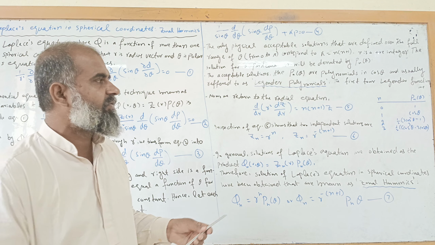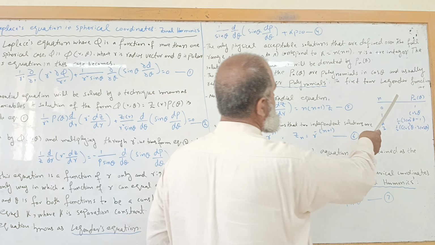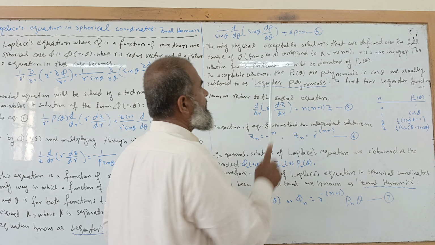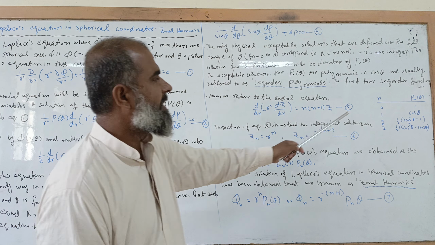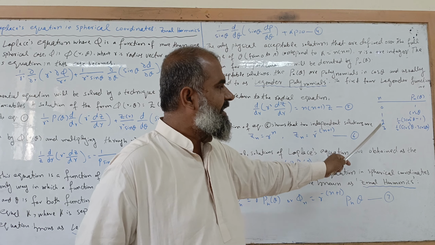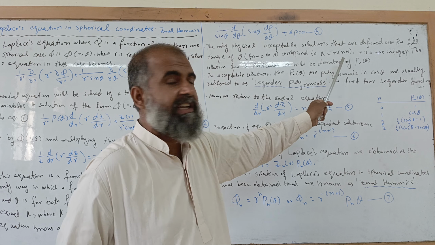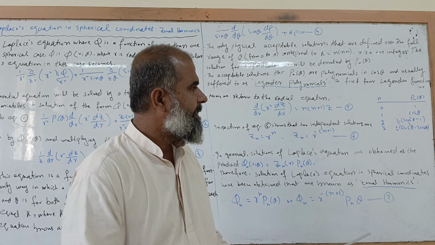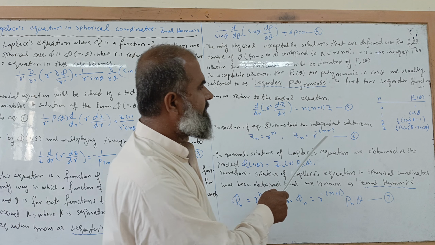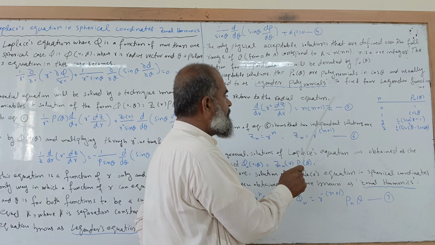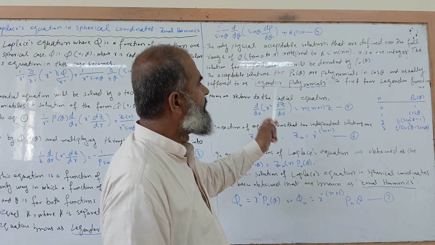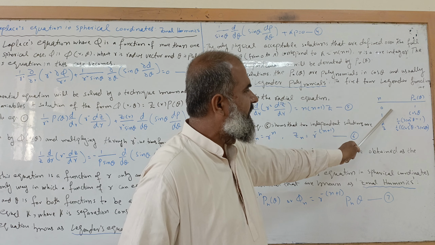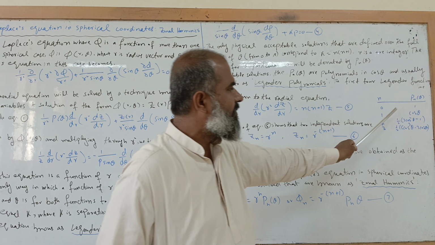Then the first 4 Legendre functions after solving this equation will be for different values of n, because we have taken k equal to n into n plus 1, so n will be 0, 1, 2, 3. Putting these values, for n equal to 0, Pn of theta will be 1.